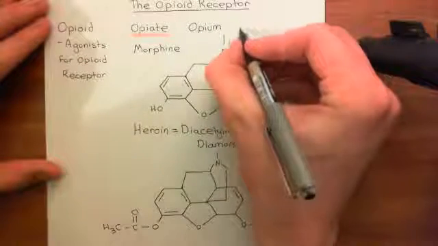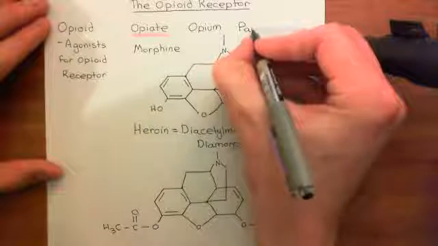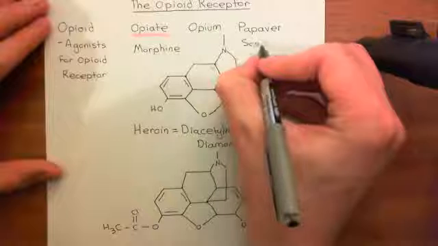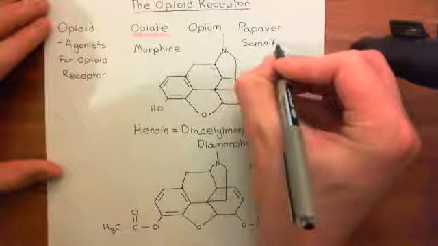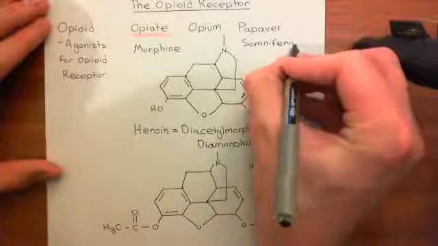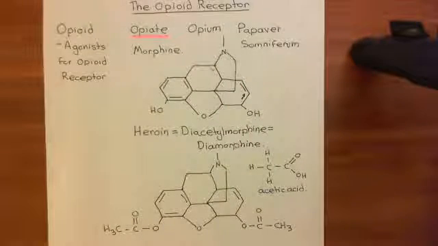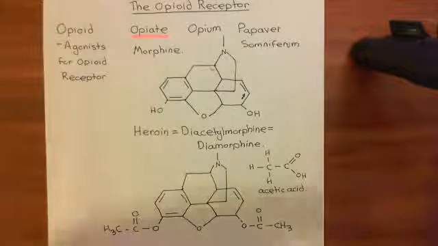Opium comes from the poppy Papaver somniferum, which is the Latin name for the poppy that produces opium. So that's an introduction to where this nomenclature of opioids, opiates, opium comes from.